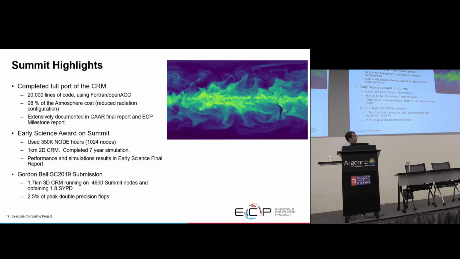We did have a Gordon Bell submission. As you can see, we really get only a small percentage of peak, 2.5% of peak. The code is, for the most part, very memory bandwidth limited. So this is why we get such a small percentage of peak. And we're already able to achieve 1.8 simulated years per day.